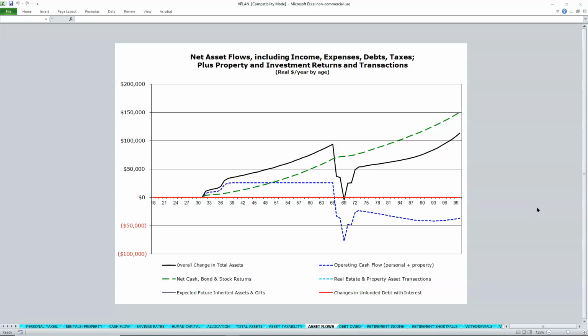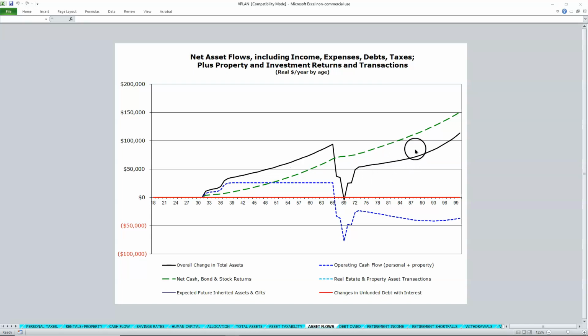This is the Asset Flows graphic, which combines the overall effects of your projected operating cash flows with your projected net cash, bond, and stock returns. The blue line with short dashes is the operating cash flow, which is equivalent to the cash flow area graphic that you saw before. The green line with longer dashes is the annual return on cash, bond, and stock financial assets.